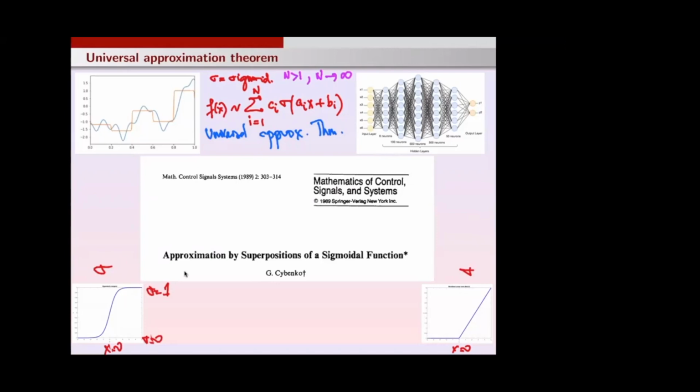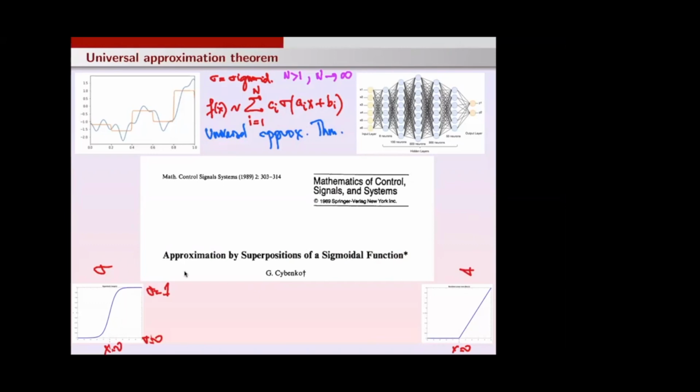So you see that all these ingredients are needed: n large, b, a, and c. So if you try to approximate any function by this superposition of sigmoid functions, as Cybenko said, you definitely need to allow all these parameters to be free. This is a necessary condition.